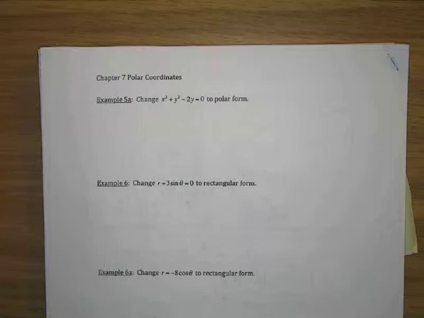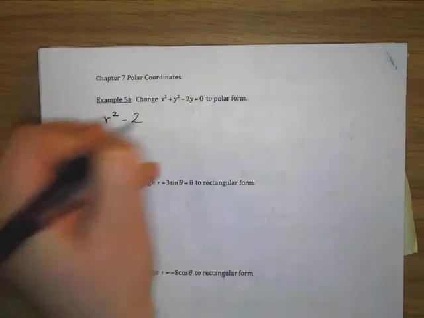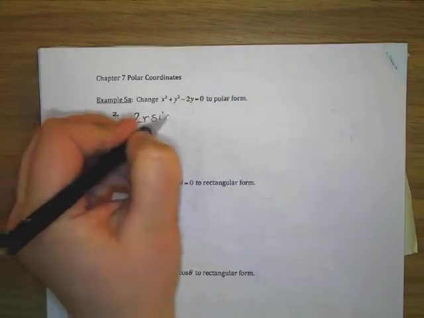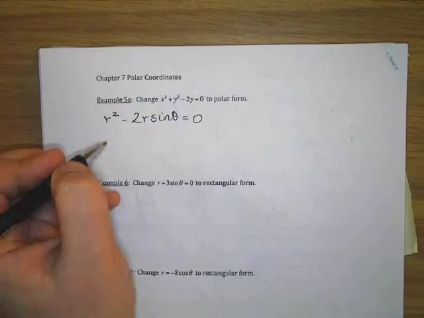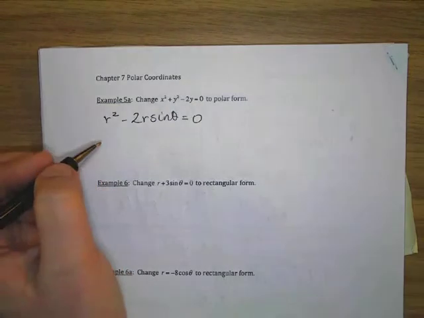Example 5A is very, very similar to the one we just did. I did that on purpose. It just gets you used to looking for those things. So what are you going to change first? Good. X squared plus y squared is r squared, minus 2, but instead of a y, you're going to go r sine theta. And then what are we going to do?